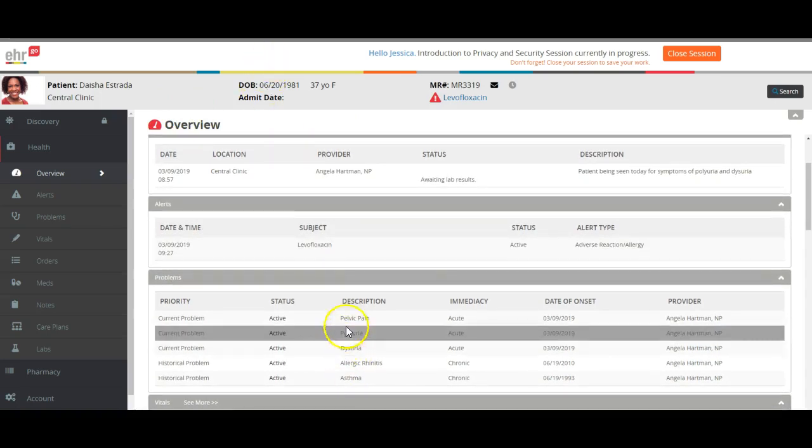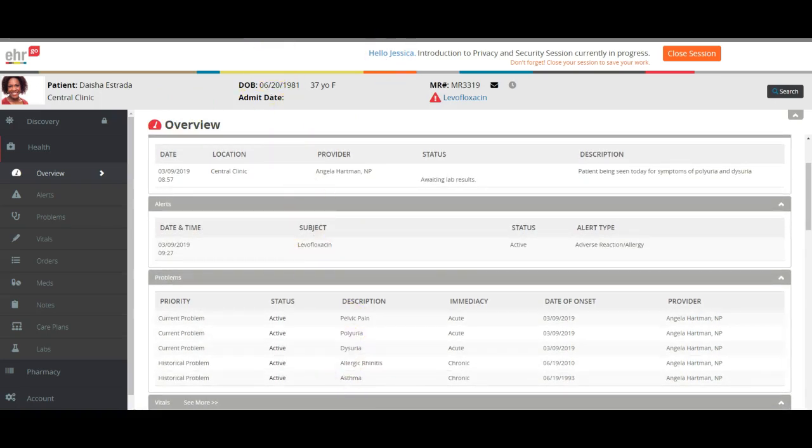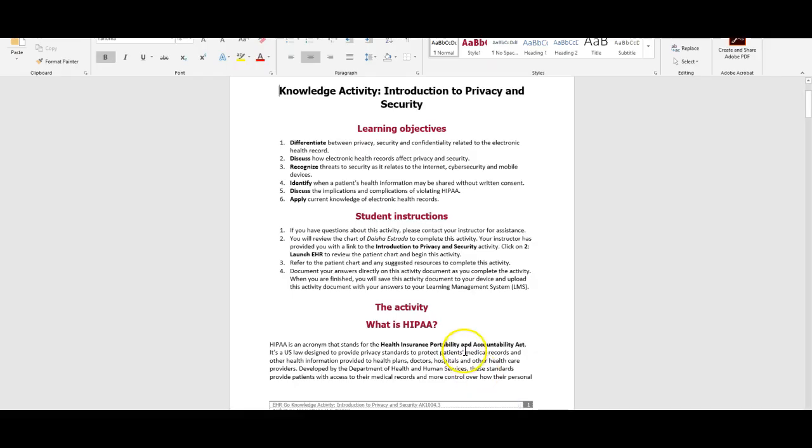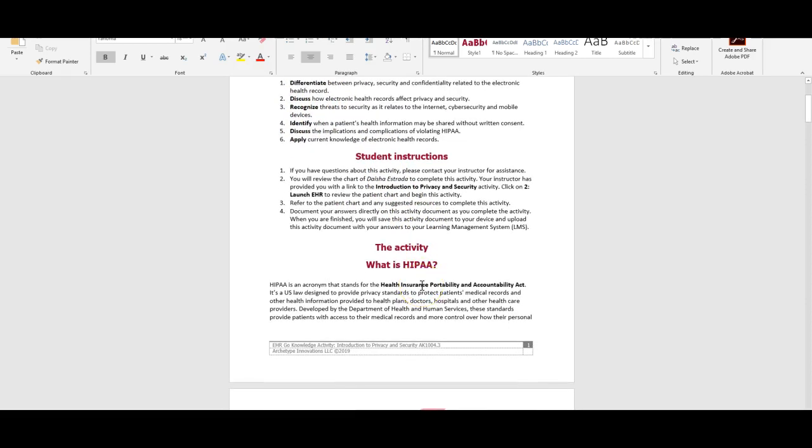So going back over to the activity that we have downloaded to work through. You have your learning objectives here with some instructions up at the top. You're going to actually fill out the questions on this Word document, so you don't have to document anything in the chart for Daisha for this activity.